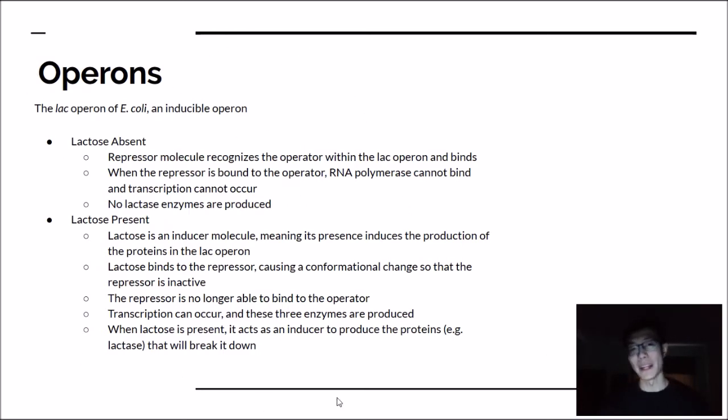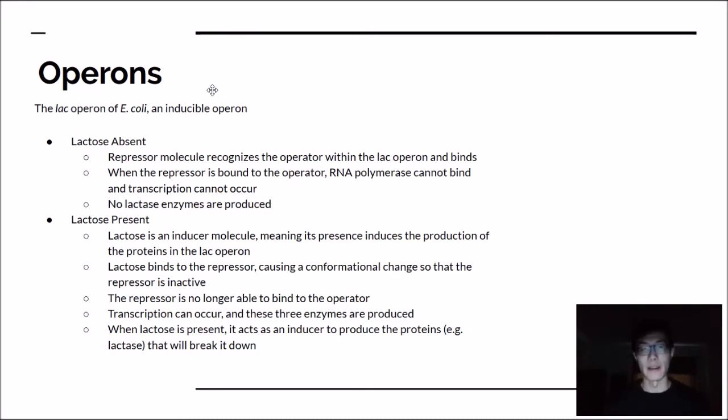You can definitely read it, but basically the lac operon is really fascinating because in E. coli, when lactose is absent, so there's no lactose around, a repressor molecule is going to recognize the operator, bind to it, and prevent transcription of key enzymes.